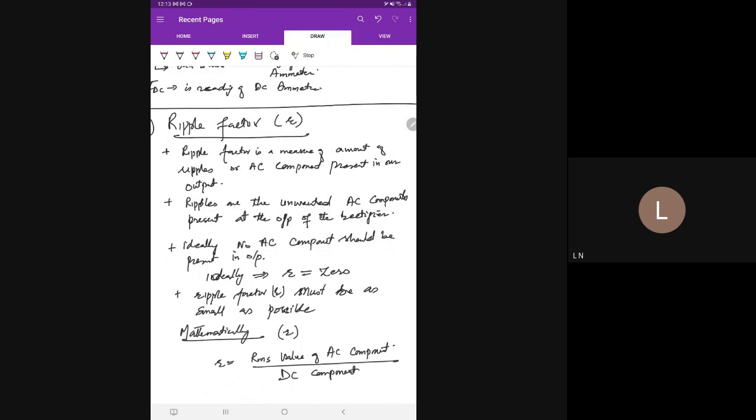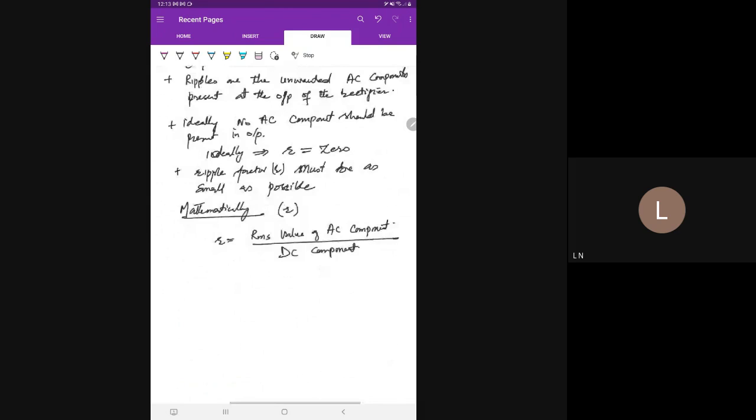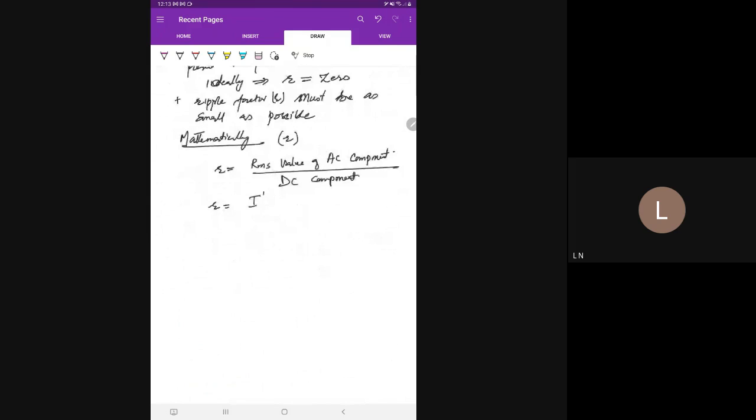So the ripple factor will be equal to I dash RMS that we just calculated divided by the DC component IDC. Or if we are calculating it from voltage values, it will be V dash RMS divided by VDC.